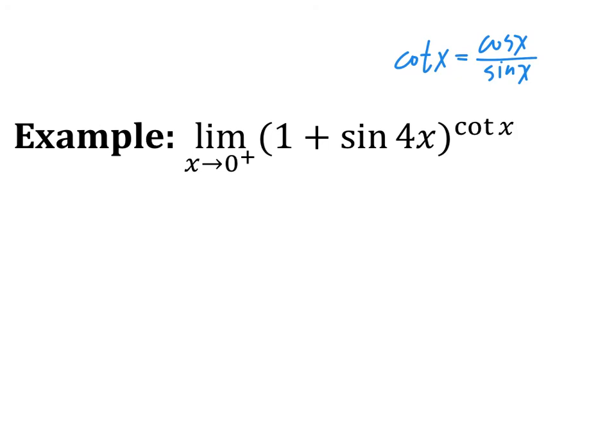And again, we cannot solve it as is, so we need to force it into a L'Hopital's rule form. Okay, so we have another case of the variable in the exponent. So we're going to do this, bring that down.